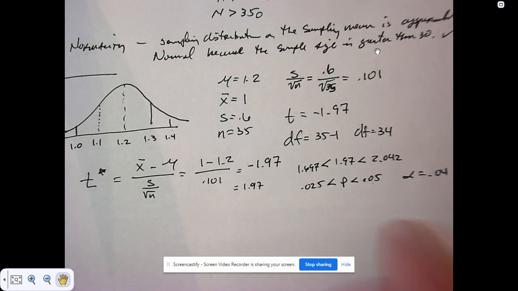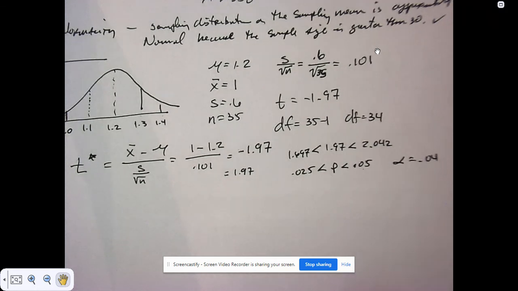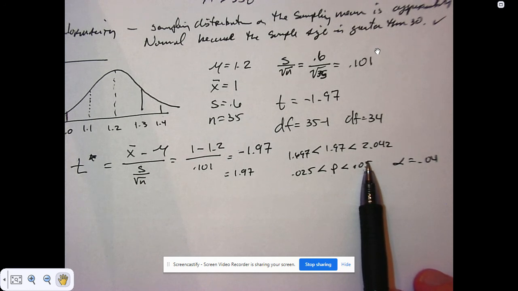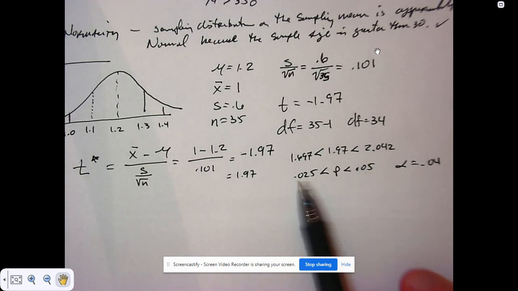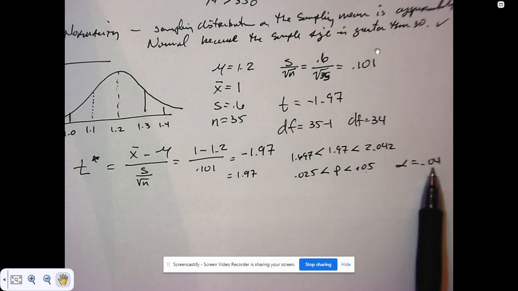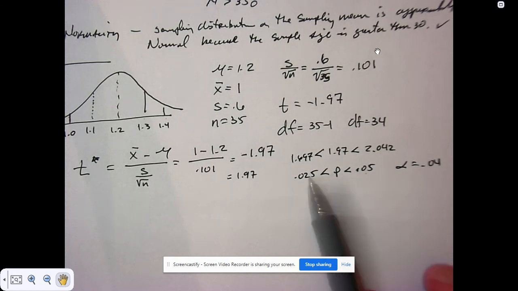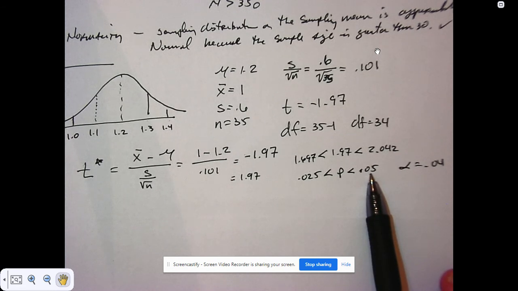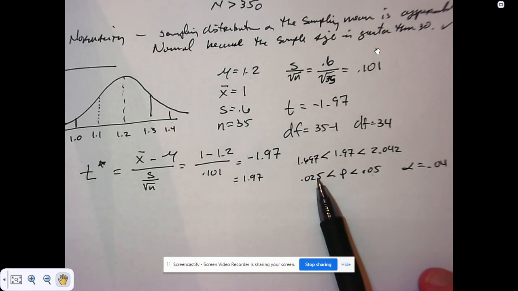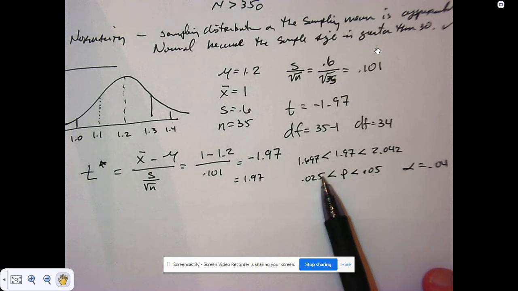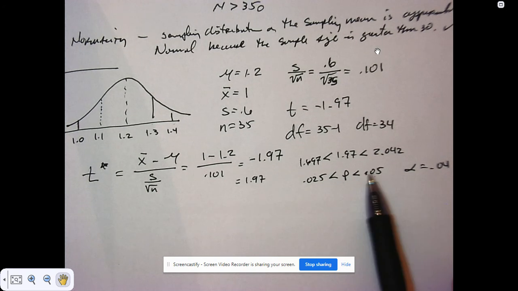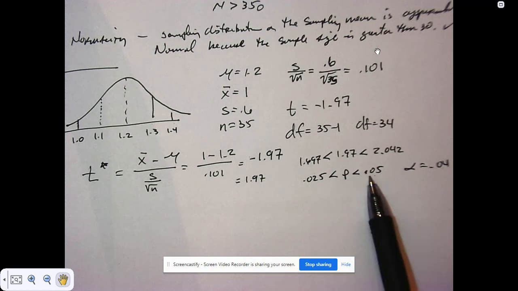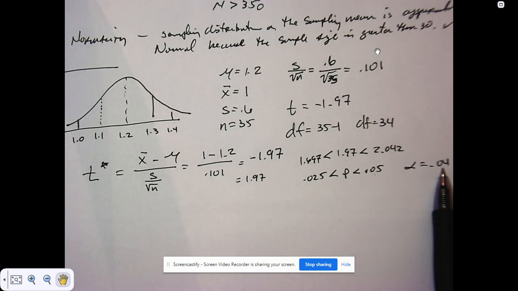If the p-value was less than like 0.03 here instead of 0.05, then I would know that p was completely less than 0.04, and I'd reject. If this 0.025 was actually 0.04, and p was between 0.04 and 0.05, then I would know that my p-value was greater than alpha, and I'd fail to reject.